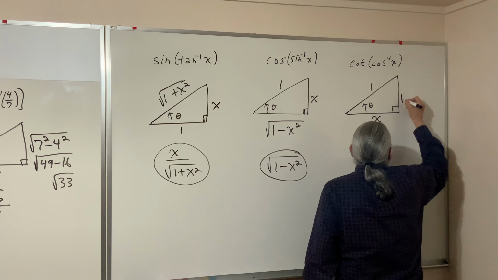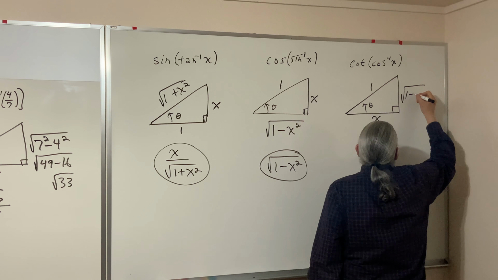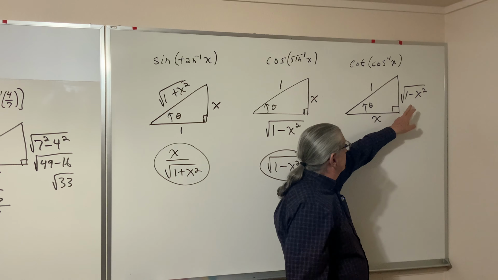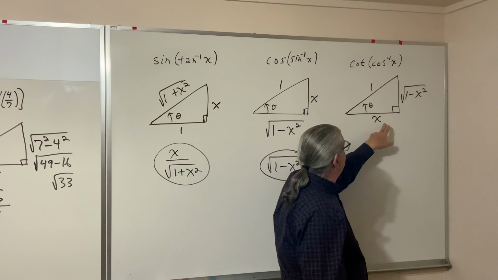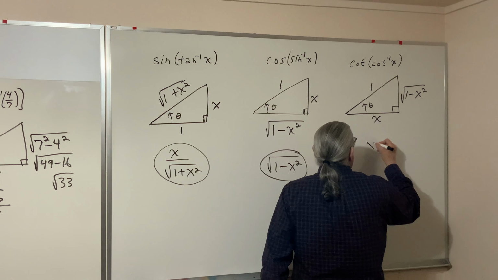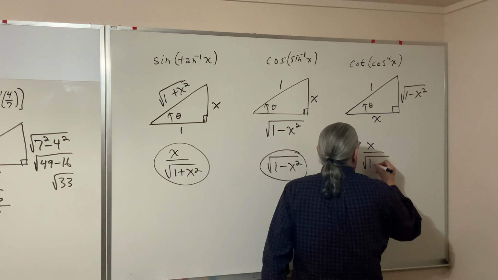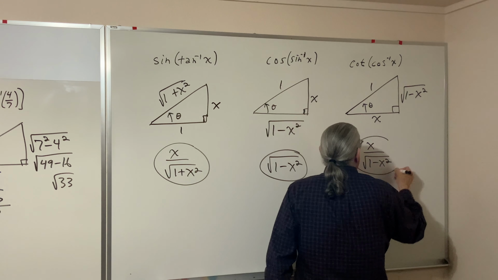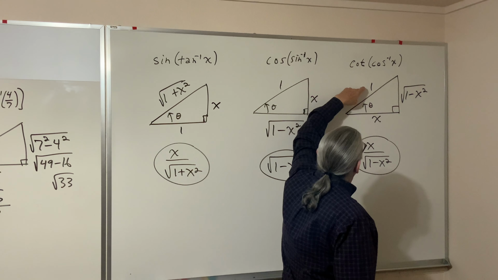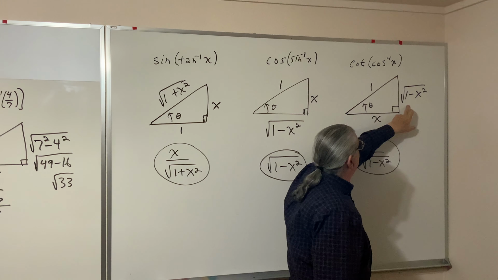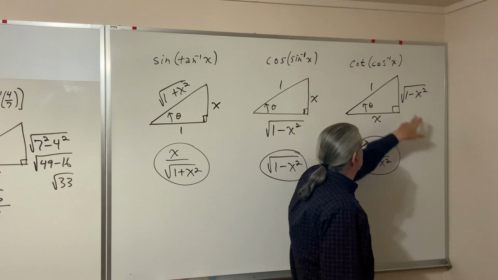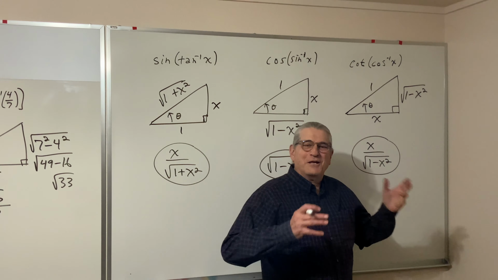So this one will be 1 squared, which is 1, minus x squared. That's our other side. Now the tangent is the opposite over the adjacent, but the cotangent is 1 over that. So the cotangent is going to be x over the square root of 1 minus x squared. Okay, so again, here's our cosine, x over 1, which is x. Other side, the tangent is just this over this, but the cotangent is reversed, so it's x over that. Okay, we'll see you in the next video.